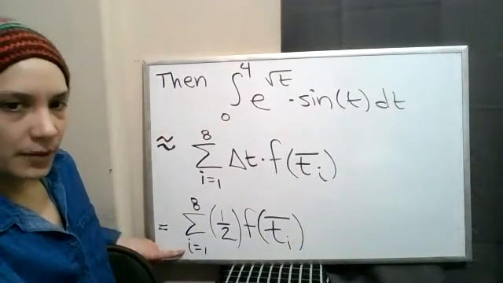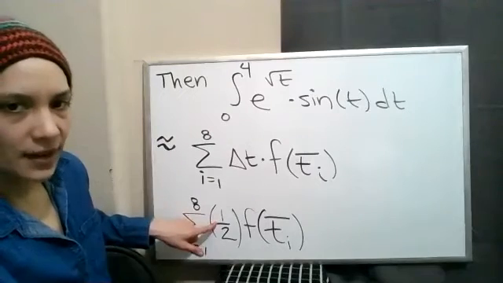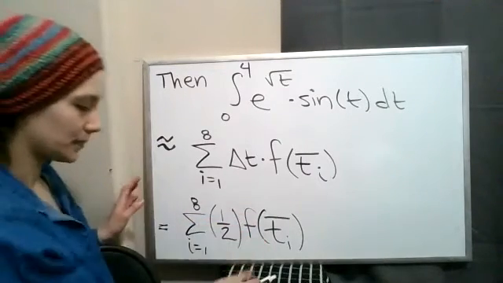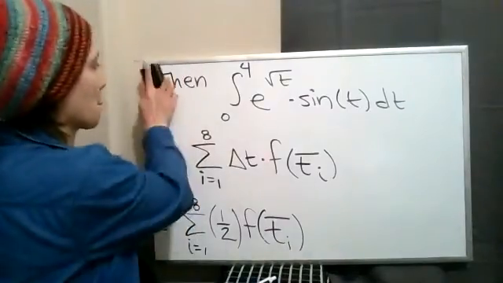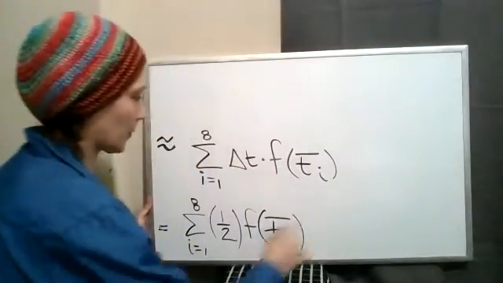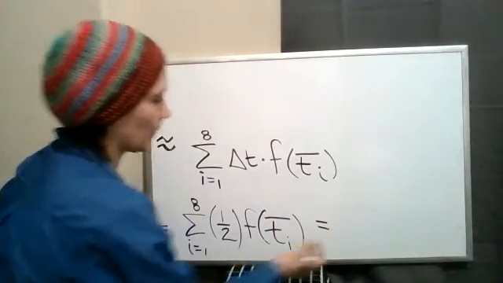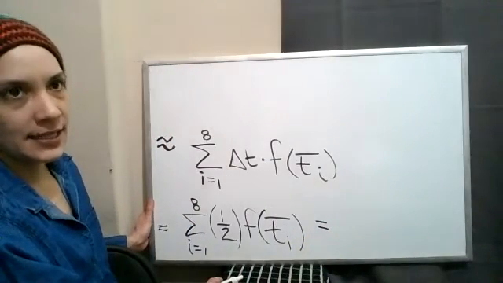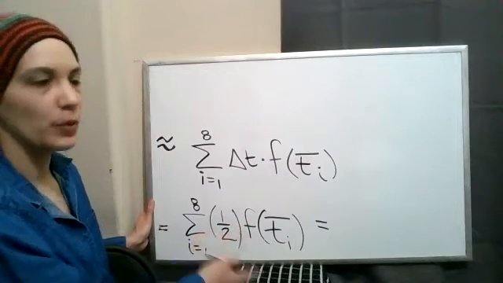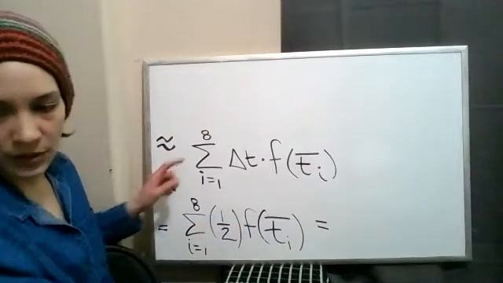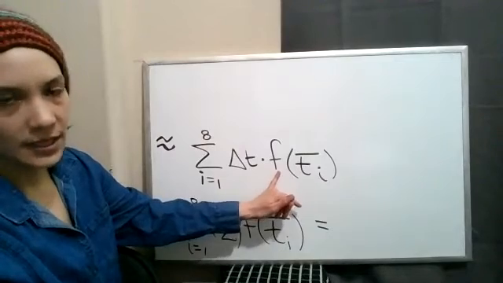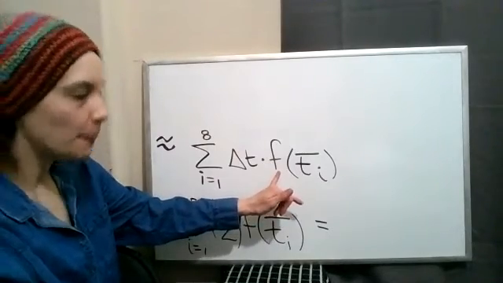So that's the sum from i equals 1 to 8 of 1/2 times f of t sub i bar. And to save writing, I just left the function written as f. But when you put it into your calculator, you have to use that full expression for your function f, which is e to the root t sine of t.